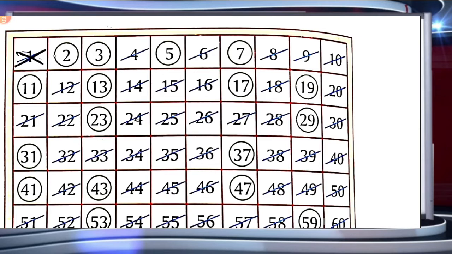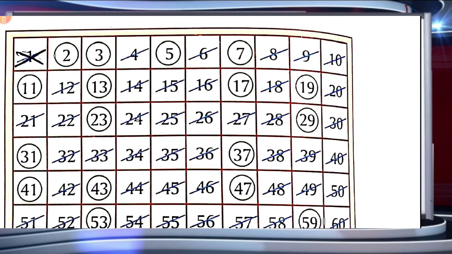So, come to the second step. Circle the number 3 and cross out all the multiples of 3 that have not already been crossed out. See, the first multiple of 3 is 6, but 6 is already crossed out because it is an even number. So, come to number 9. Cross out 9. It has become a composite number as it is a multiple of 3.